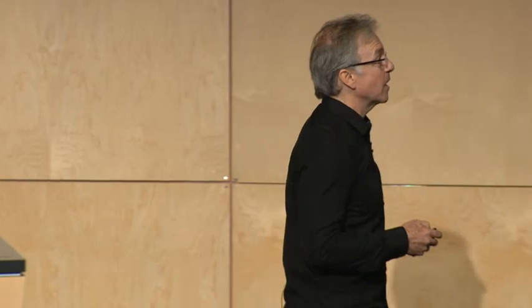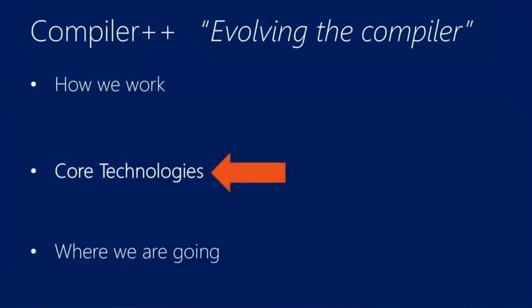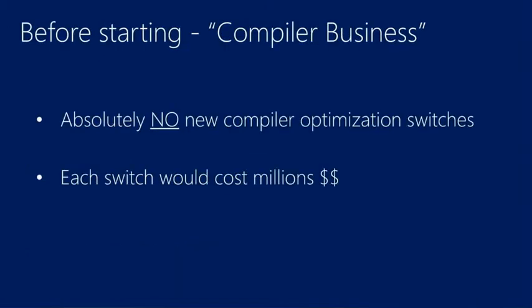So now, what I want to do is talk about the core technologies that we evolve within the context that I just talked about. Okay? But before I start, it is a business, right? So one of the things we can't do in our space, because of all the targets that we have to hit and for all the testing that we have to do, is tolerate any switches for adding new optimizations or for partially turning one off or turning one on.